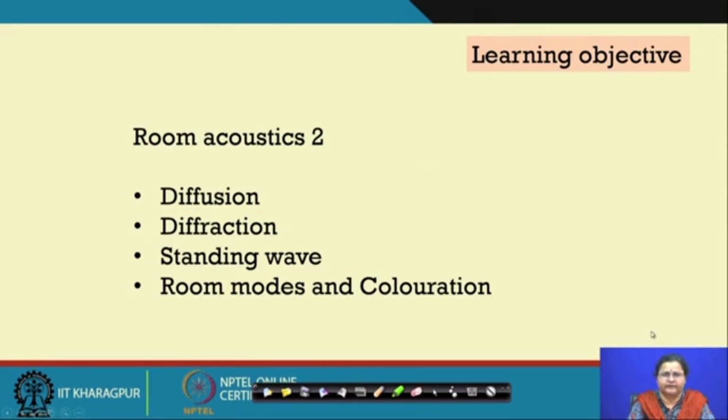I have given a basic understanding of what is diffusion, that is scattering of sound, and diffraction, that is bending of sound, but not on the other two. So, first let us try to understand the phenomena of diffusion and diffraction with the help of ray diagrams, and then we will move to the other two.